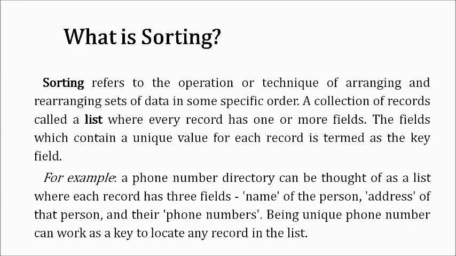So a collection of records called a list, where every record has one or more fields. The fields which contain a unique value for each record is termed as the key field. So again, when you say sorting, it means the arrangement of the sets of data in a specific order.